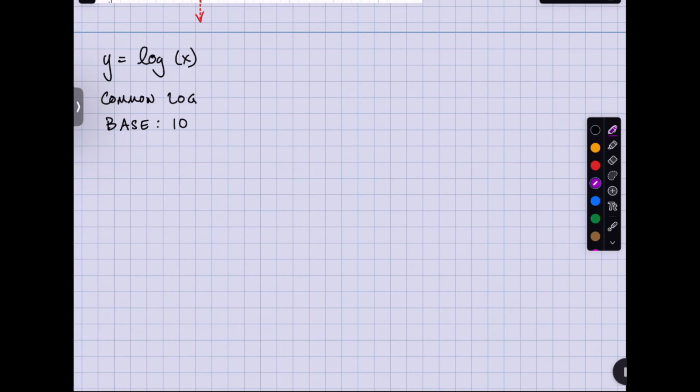The other one that you see on your calculator is y equals ln of x. This is called a natural log. The reason why it's called a natural log is because the base is that e that we had in the last class. The e is a natural number, hence the natural log, 2.71 and so on. So whenever you see ln, then we're talking about a base of e, which is the natural log.